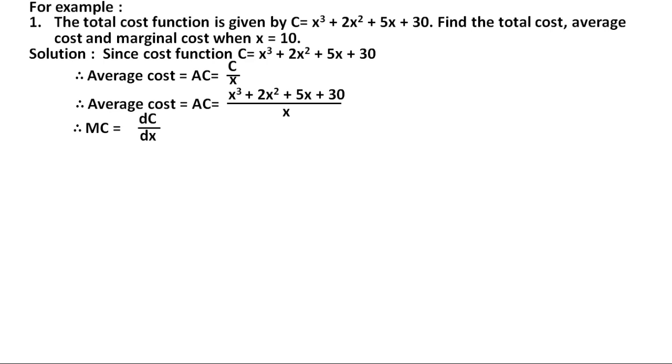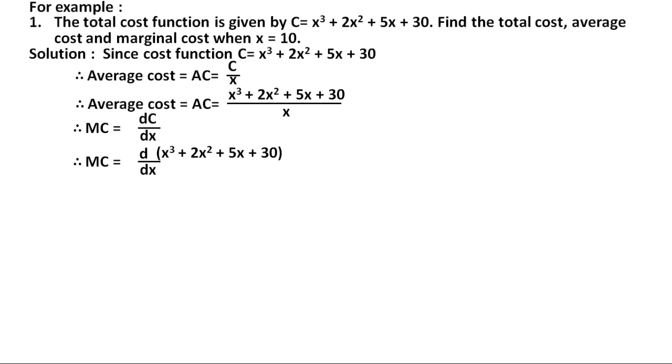Therefore, MC is equal to d upon dx of the bracket x raised to 3 plus 2x square plus 5x plus 30, bracket close. Now next step, we have to find the derivative of this cost function.